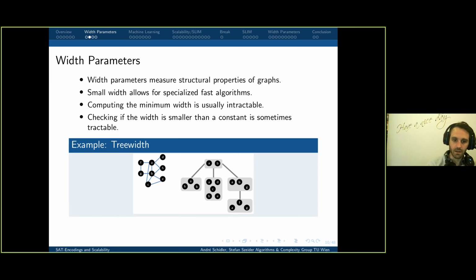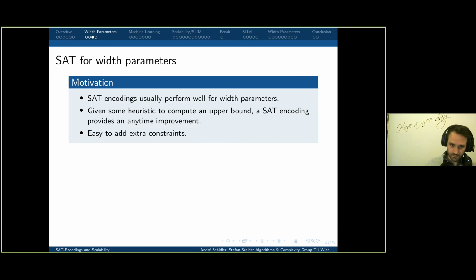And for computing the width and this witness, which is usually a decomposition, this is where SAT comes into play. One reason to use SAT encodings for this purpose is that they usually perform well for width parameters, and you usually use some heuristic to get an upper bound, and then you have an anytime improvement for your heuristic solution.